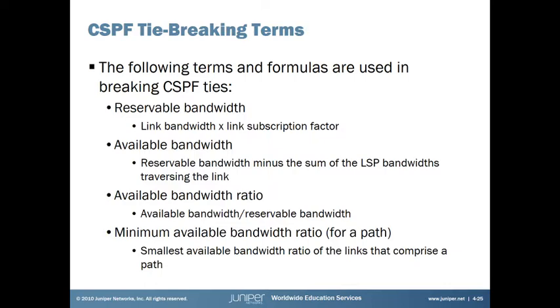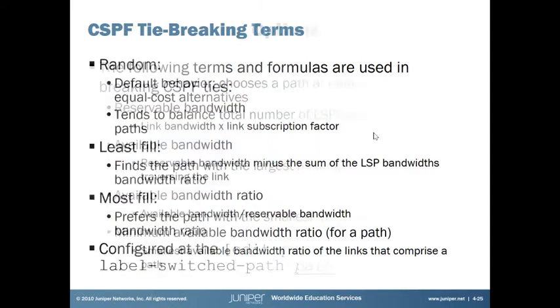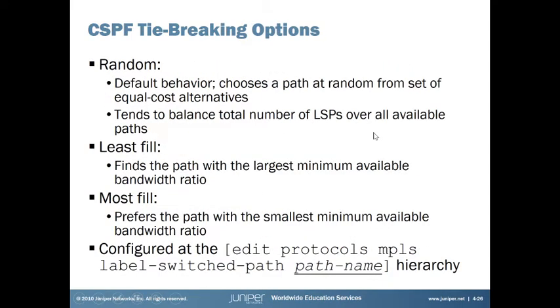Then there's the minimum available bandwidth ratio for a path, which is the smallest available bandwidth ratio of the links that comprise a path. So we've got some things that our tie-breaking rules are going to consider. Let's take a look at our tie-breaking options.